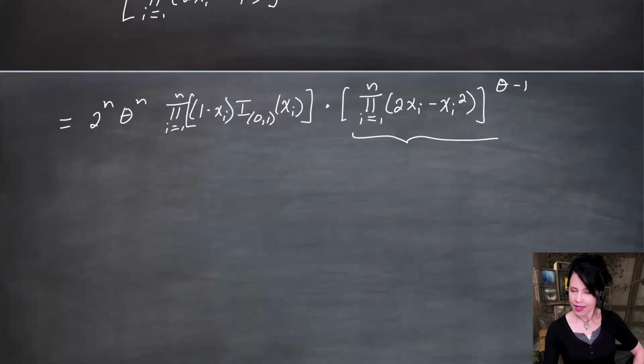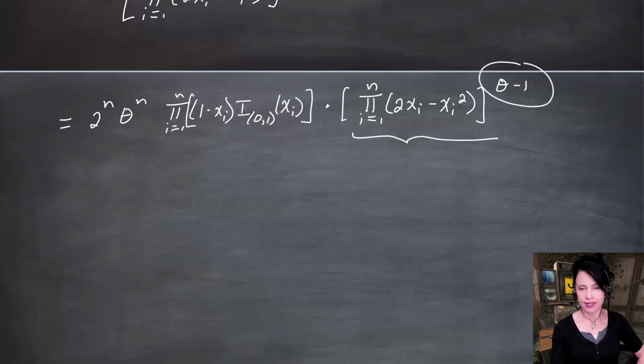So I'm going to take e of the log of this and bring this down. And I will have a log of a product left, which is a fine answer for a complete and sufficient statistic. But as you know, we're going to need to work with it in step 2.